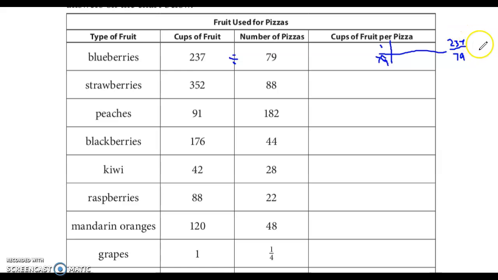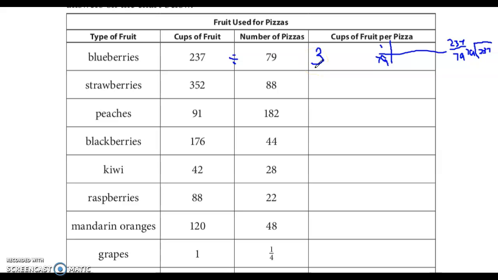There could be a remainder. You could put that as a fraction, or you can go ahead and do long division, and you could set up 237 in here, and then 79 on the outside, and you can go ahead and divide it out. But the final answer is going to be 3. Whichever strategy you choose to do, your final answer should be 3 cups of blueberries on each fruit pizza.